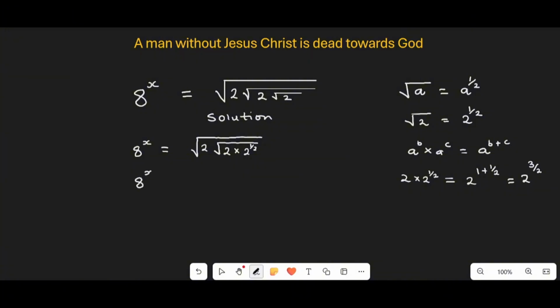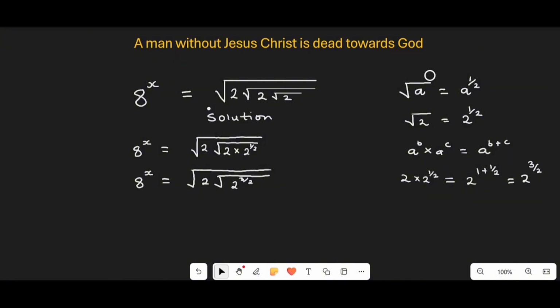8 raised to power x equal to square root of 2 square root of 2 raised to power 3 over 2.